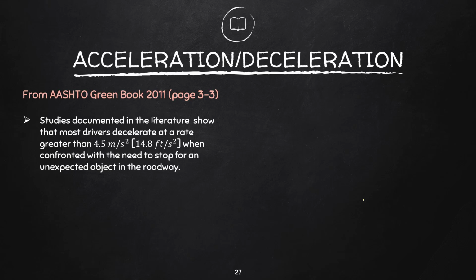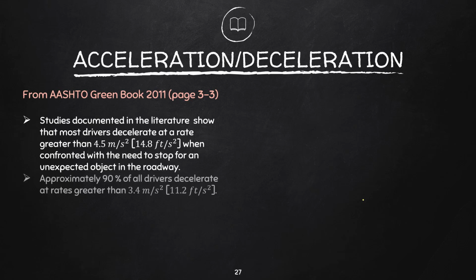Acceleration and deceleration. For the design value, I have mentioned a while ago that we consider a value of 3.4 meters per second squared or 11.2 feet per second squared. So what is the basis for that one? From AASHTO Green Book 2011, Chapter 3, page 3, studies documented in the literature show that most drivers decelerate at a rate greater than 4.5 meters per second squared when confronted with the need to stop for an unexpected object in the roadway.